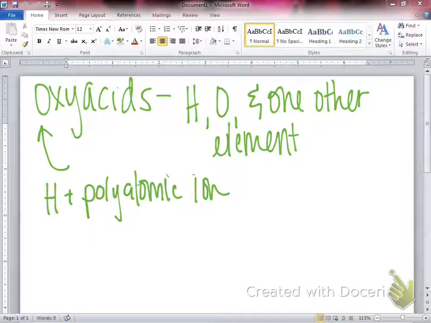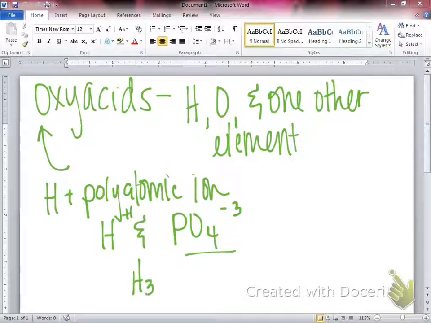Okay? So let's go ahead and look at pairing hydrogen and this molecule right here. What's that polyatomic ion called? Phosphate. Okay? So if we know that hydrogen is a +1 and phosphate's a -3, how many hydrogens do we need to pair with phosphate to get a neutral atom? 3, right?